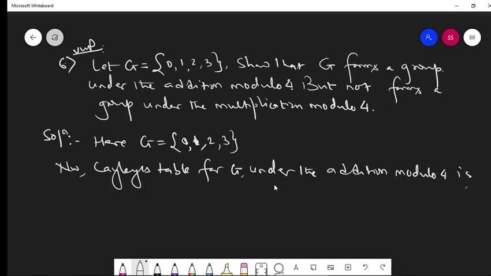That is, the inverse of 2 is 2 itself, of 3 is 1, of 1 is 3 and of 0 is 0. Therefore, existence of inverse element is satisfied.